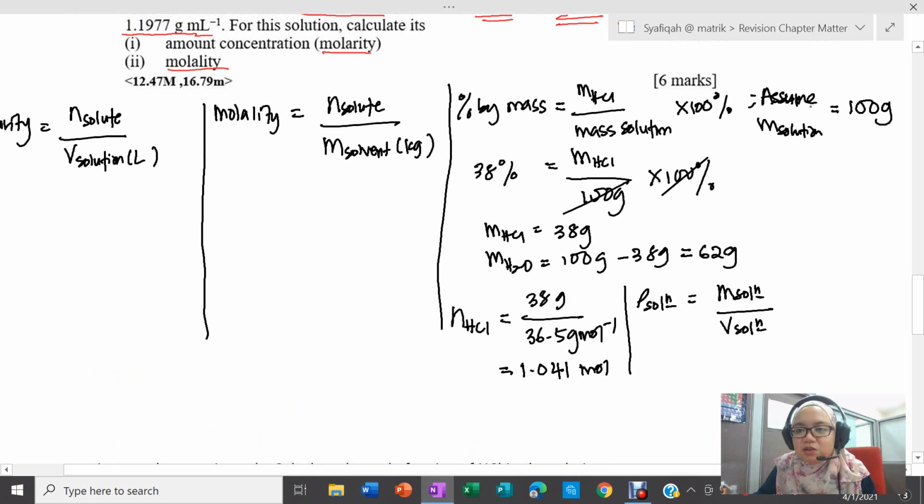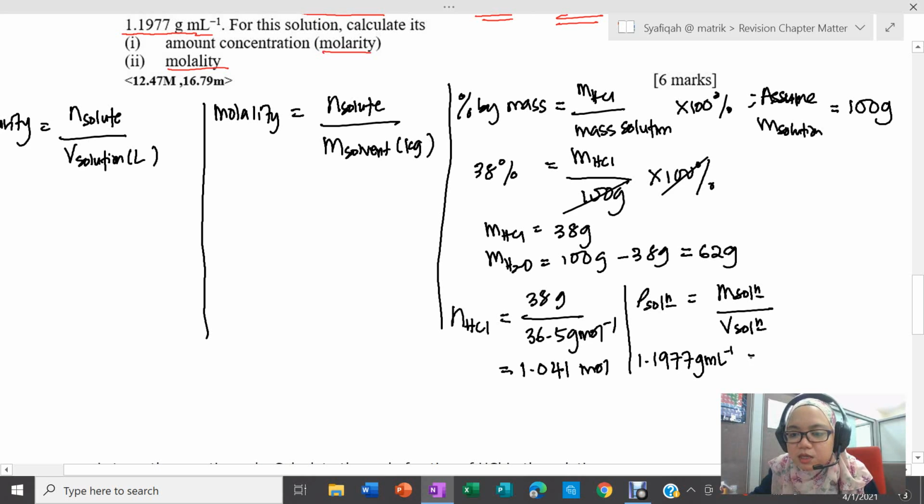So mass solution dah ada, density solution dah ada, bolehlah cari volume solution. So density tadi is 1.1977 gram per ml is equals to mass 100 gram volume solution. Tak tahu. So you will get volume solution is equals to 100 divided by 1.199.